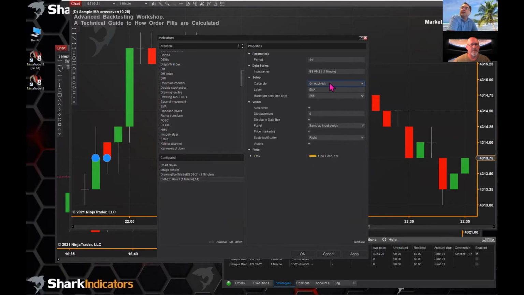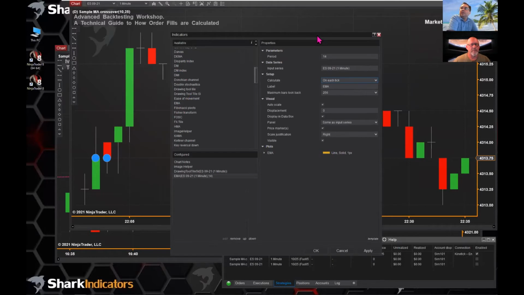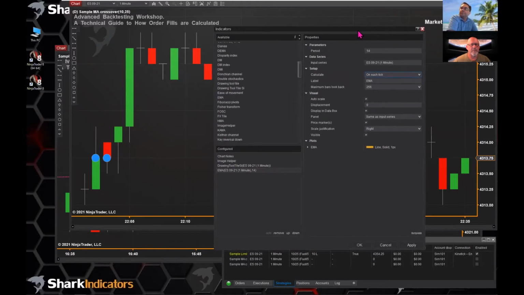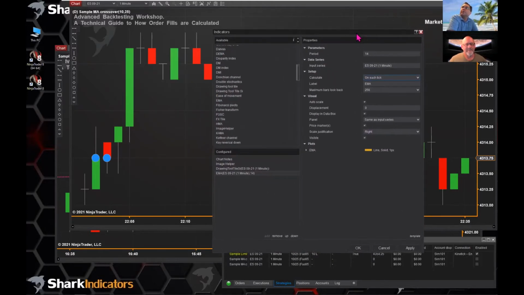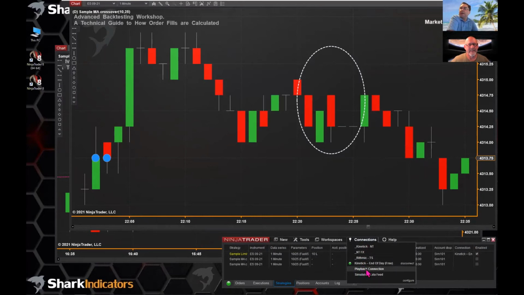And so what was being asked is, can you backtest as if your calculate is set to on each tick? Technically, I think you could, but you're going to have to be a really good programmer, and NinjaTrader support's not going to help you with that. So realistically, no. Your answer to backtesting on each tick or on price change is you have to go back to the playback connection.